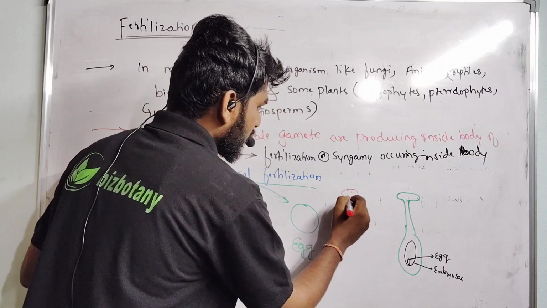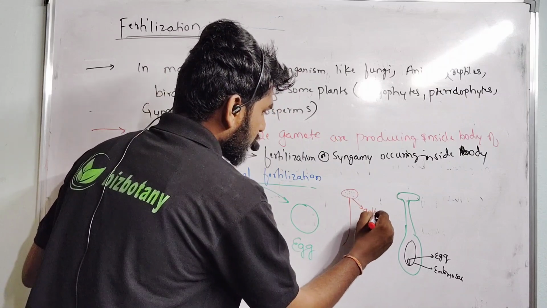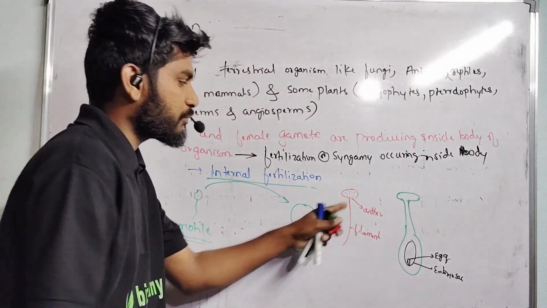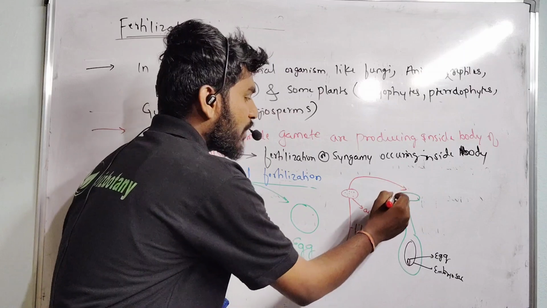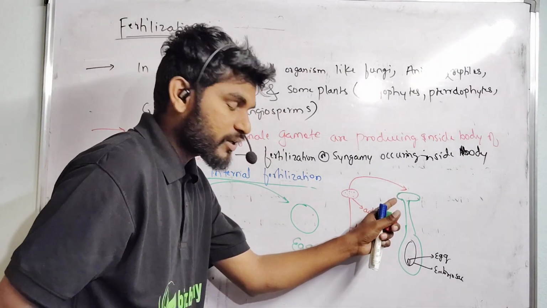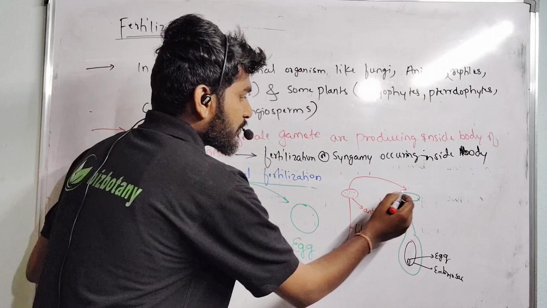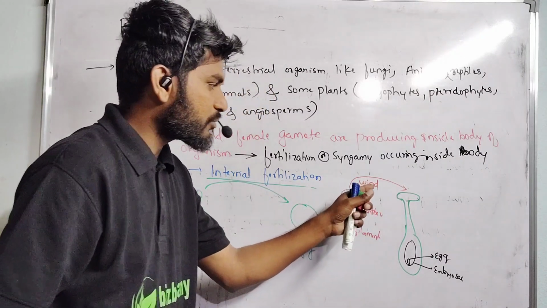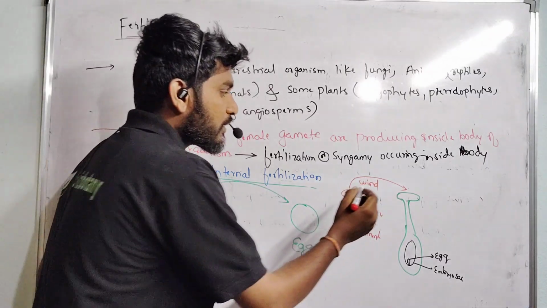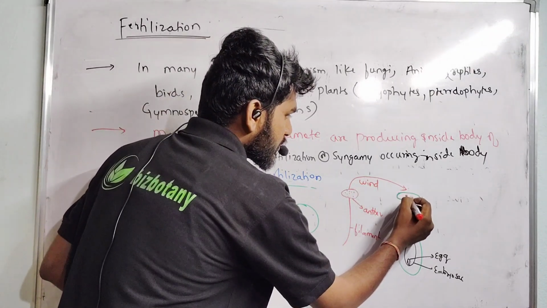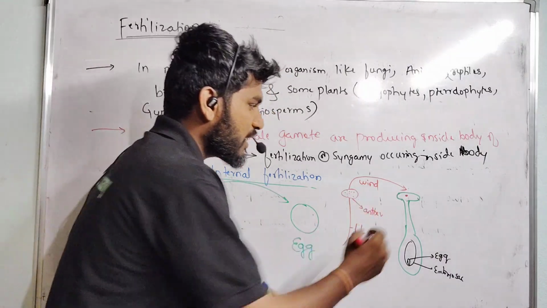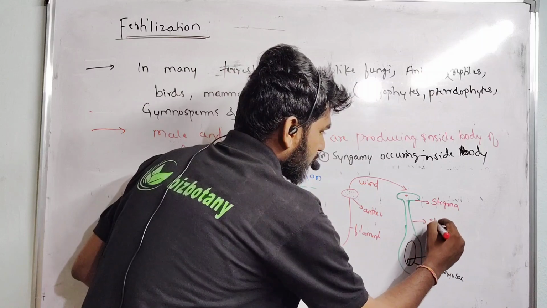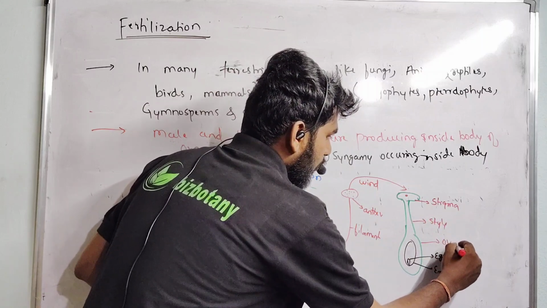Pollen grains are present on an anther. This one is an anther and filament. Anyhow, these pollen grains reach the stigma of the female reproductive organ of plants with the help of wind. Wind pollination, anemophily, sometimes occurs. This one is a stigma, style, and this part is the ovary.